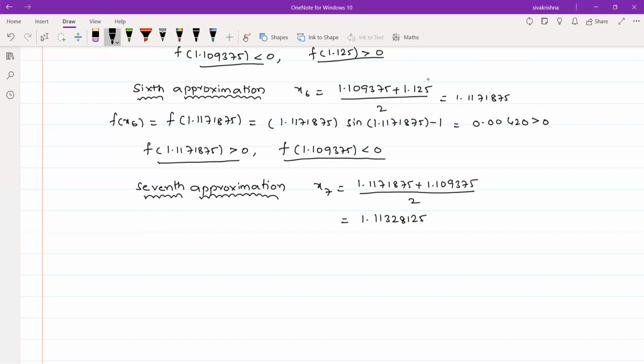So this is the seventh approximation. Since the problem asked us to calculate up to the seventh approximation, I am concluding that 1.11328125 is the root of the equation. Thank you.